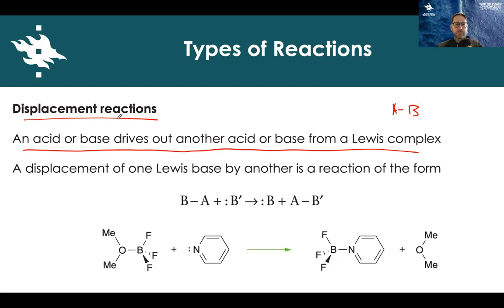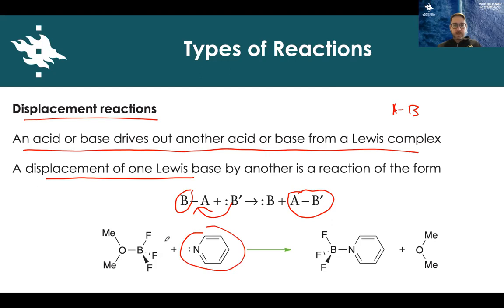So this displacement reaction can be defined as the displacement of one Lewis base by another, right? Changing the nature here of this adduct or this complex. And here we have an example in which this base displaces this base in this acid-base adduct. So this is a displacement reaction.